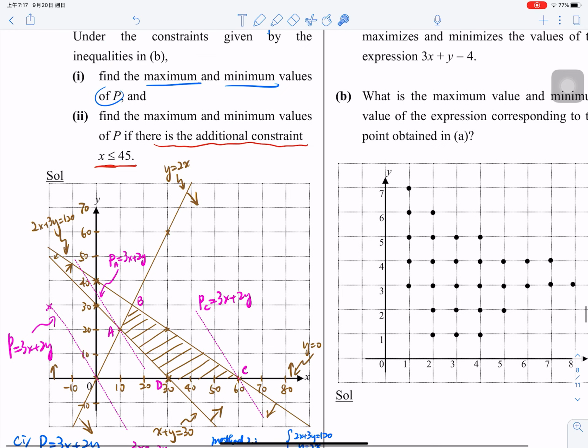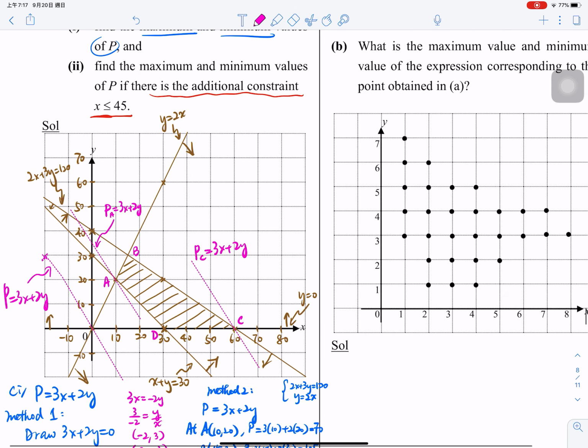Now this time we have another additional constraint: x is smaller than 45. So I use this color. 45, that means you need to draw this one. Maybe I use the red color. Oh, yeah, like this.